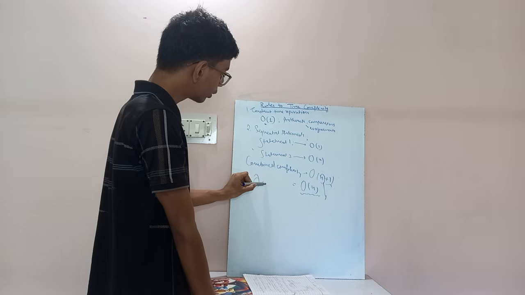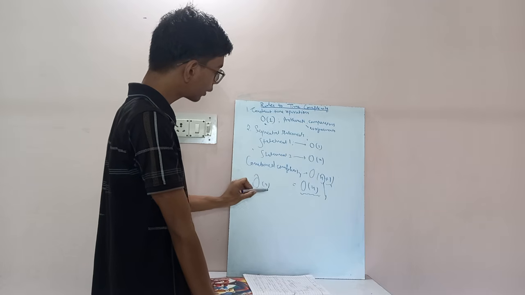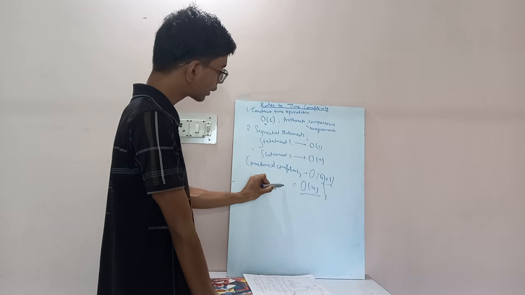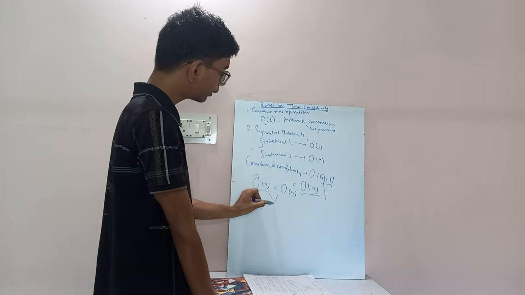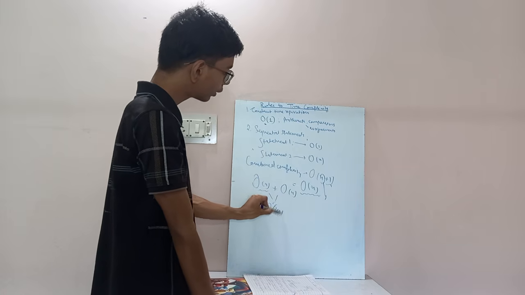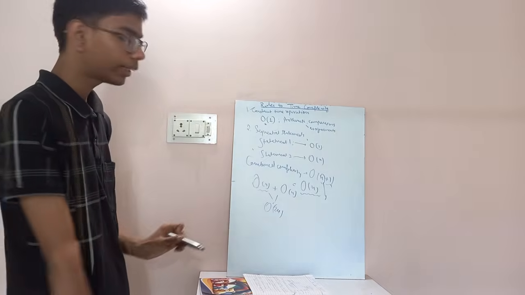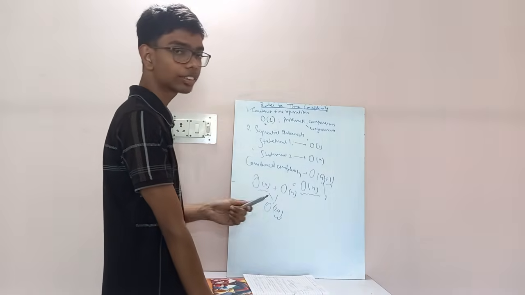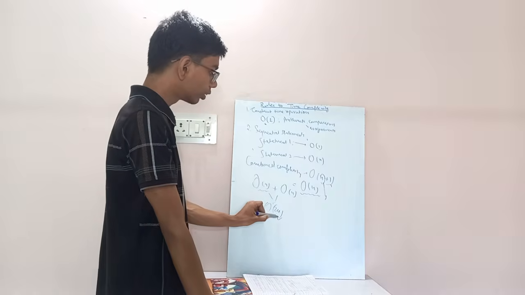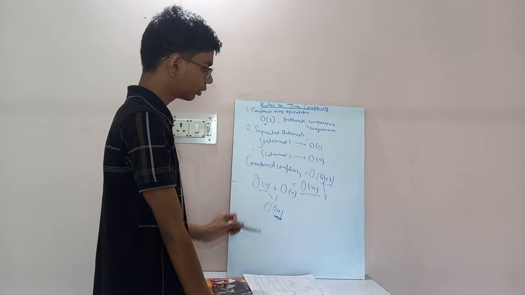Similarly, if statement 1 has time complexity of order of n and second statement has time complexity of order of n, we will combine them, we will get order of 2n. This again won't make any difference because there are millions of numbers or data we have to deal with.